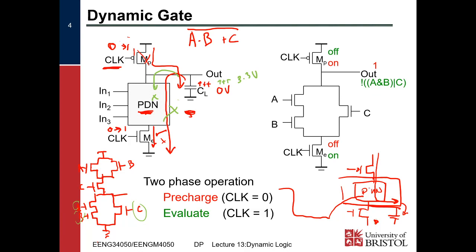But if we have a difference in electron hole mobility, either this pull-up network needs to be much bigger than this pull-down network would need to be, because PMOS transistors are inherently slower, or we would just have a slower dynamic gate than with a pull-down network, right? Presuming there is a difference in electron hole mobility, because the CL won't change.